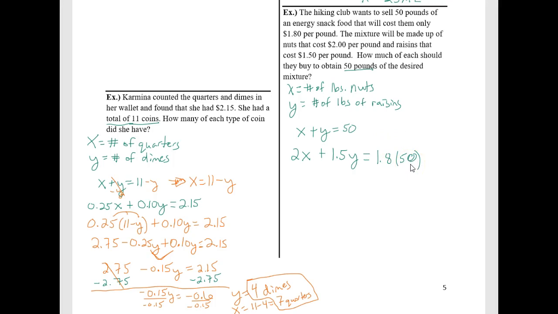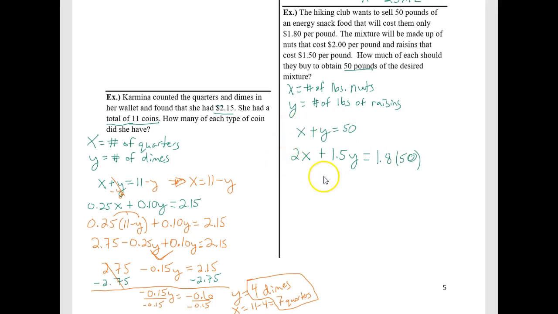Now this is different than other problems where they give you the total, like this one here on the left. We already know that we have a total amount of money of $2.15. Over here, we don't know the total amount it would cost for those 50 pounds. We have to calculate it. Okay, so the cost times the amount, cost times the amount, total cost times total amount.